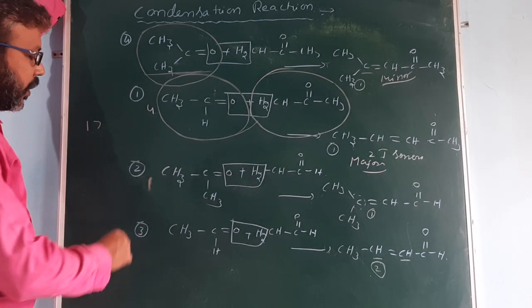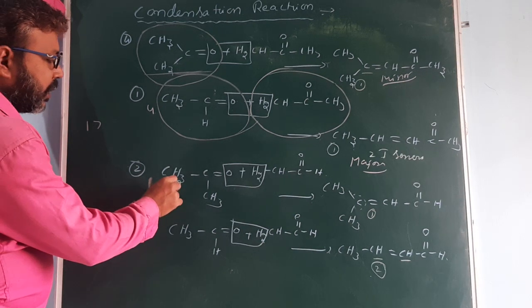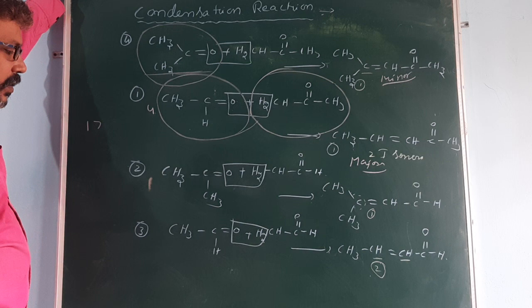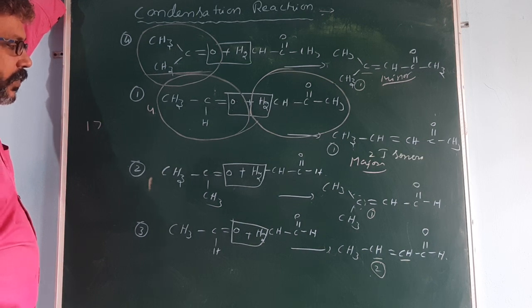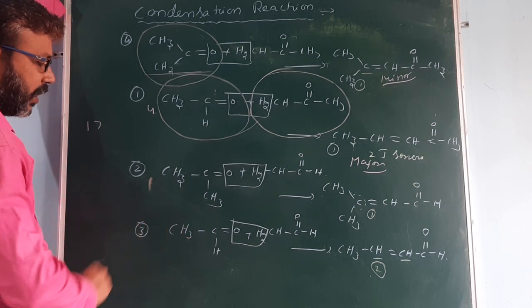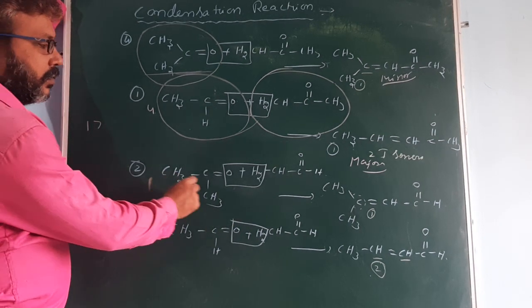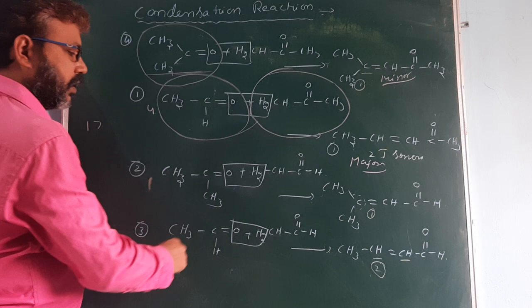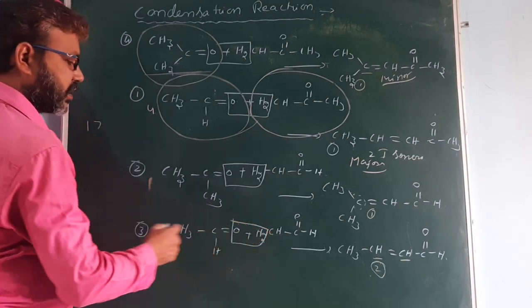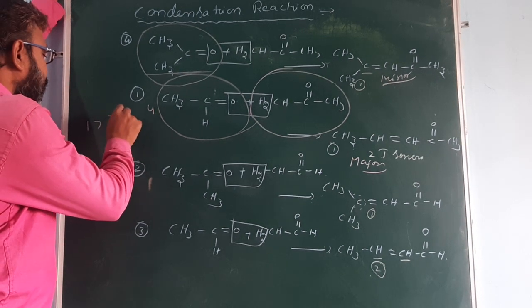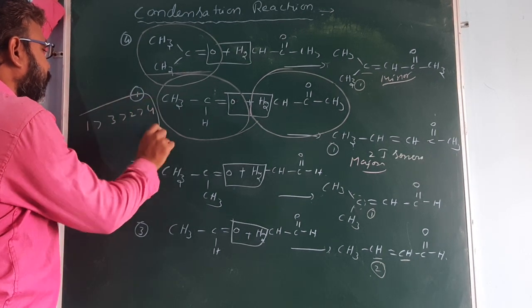Now the competition is between 2 and 3. In the second one, the ketone acts as a carbanion acceptor. In the third one, the aldehyde acts as both carbanion source and acceptor. Already you know aldehyde is more reactive. So the order of percentage of yield is 1 greater than 3 greater than 2 greater than 4.